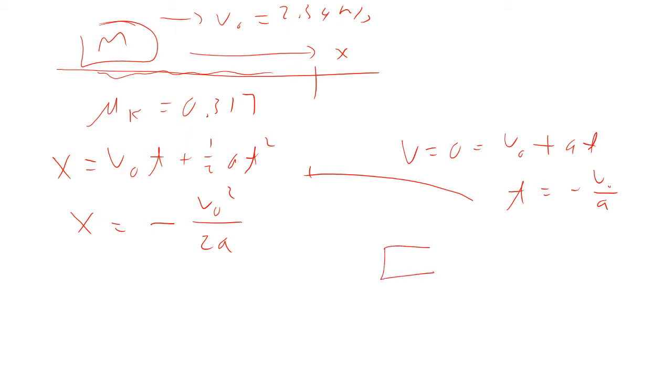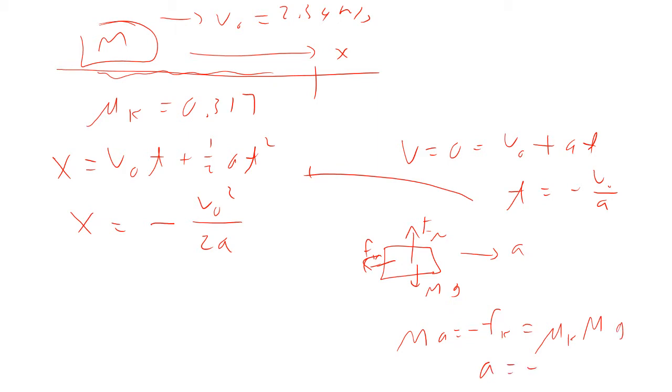We say, okay, free body diagram, we've got the normal force, we've got mg, we've got the kinetic friction. We know it's moving to the right, so that means that f sub k is going to be negative. So we know that ma equals minus f sub k. We know that f sub k is going to be mu sub k mg.